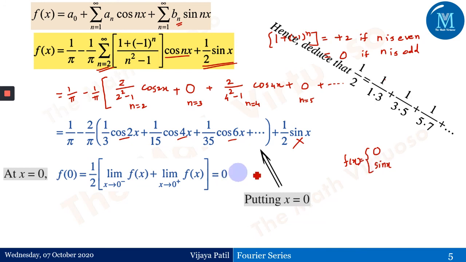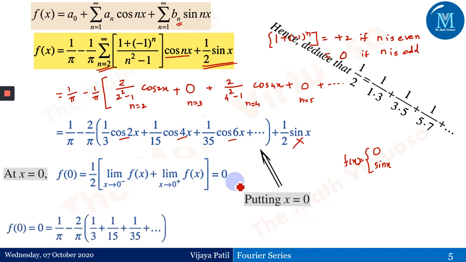On the left-hand side, it's already 0, the function has been defined as 0. What is happening on the right-hand side? If I put sine x with x as 0, sine of 0 will give me 0, and therefore f(0) is equal to 0.